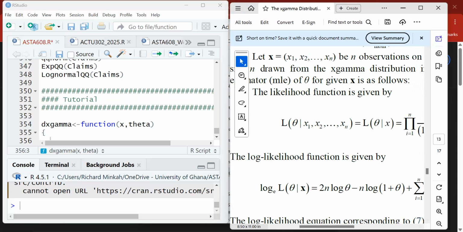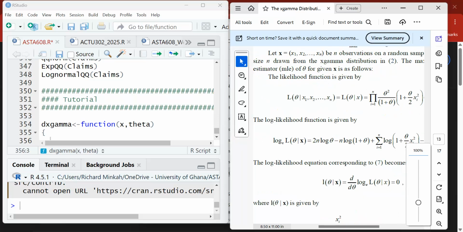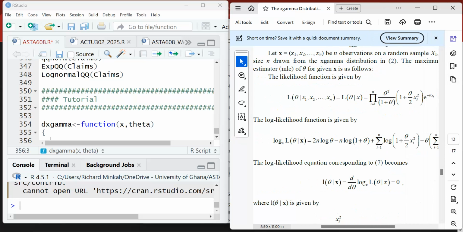So the density is, but if you can't see it, you can look at it on your phone as well. So the density is this, right? Remember it's at the top, but we can look at it over here too. Because that one is pi, the product of f of x i.